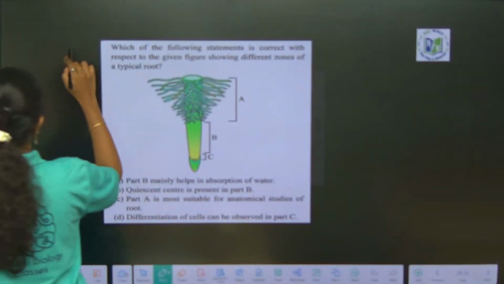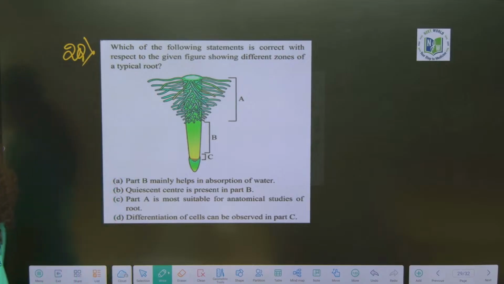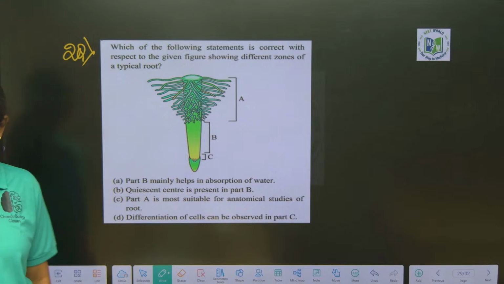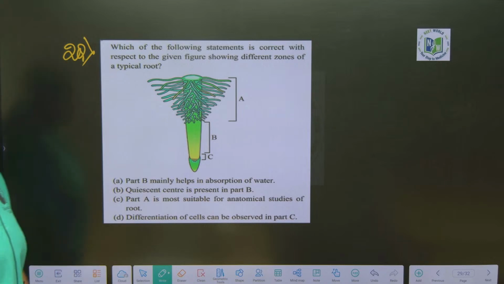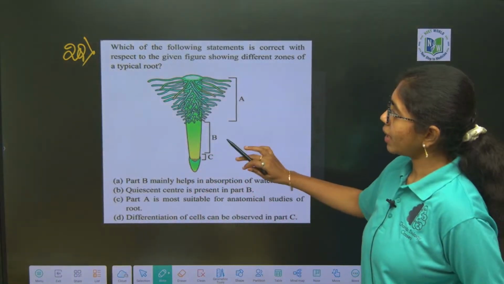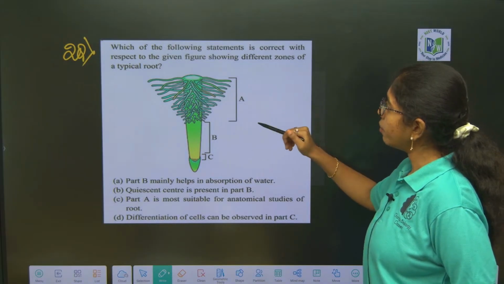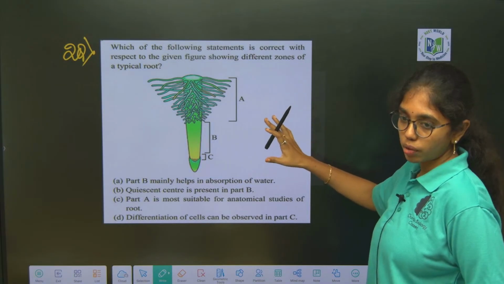Second question. First you identify the regions. Which of the following statements is correct with respect to the given figure showing different zones of the typical root?